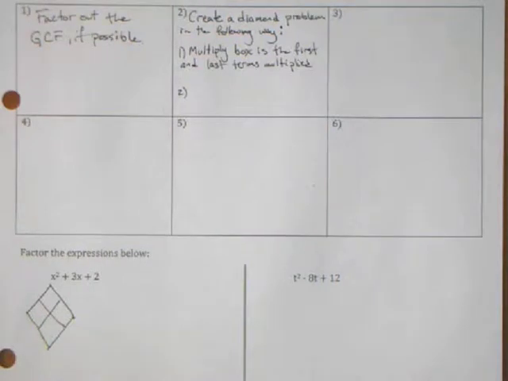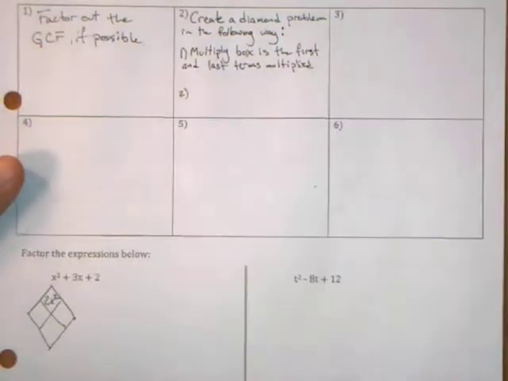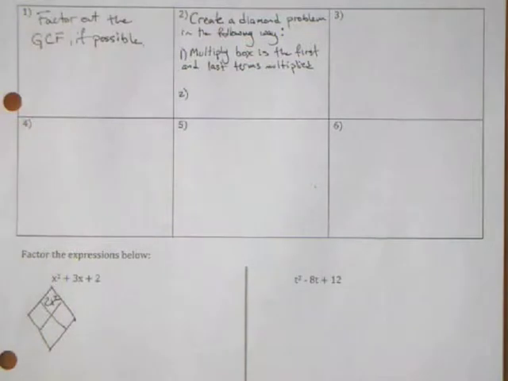And in the multiply box, which box in the diamond is that? Where's the multiplied together box on a diamond problem? The top one. In the top box, I'm going to put the first and last terms multiplied together. In our case, the first and last terms are x squared and 2. So what do you get when I multiply x squared and 2? 2x squared. That goes in my multiply box. That's the top box.